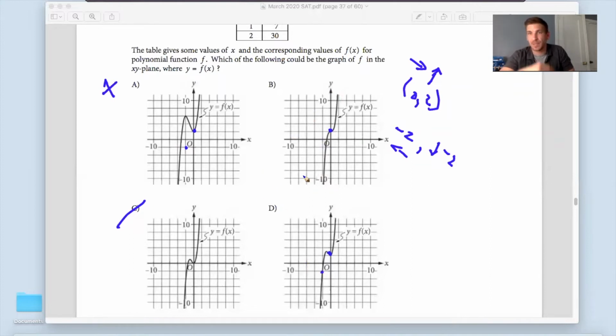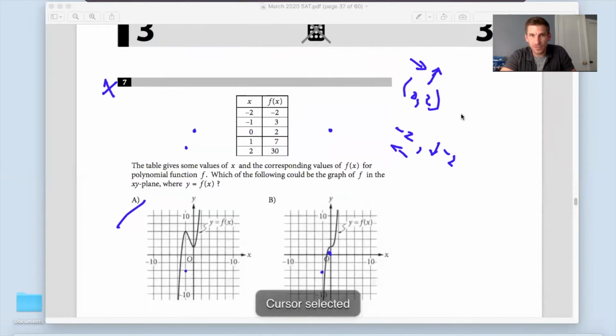I like D the best, but maybe I'll check one other value just to make sure, because arguably you might be able to make a case here. So let's go to another value as well. Actually, hold on. You could do here, right? But I've already gotten rid of C, so I'm liking D the best still. I'm going to do one more value.